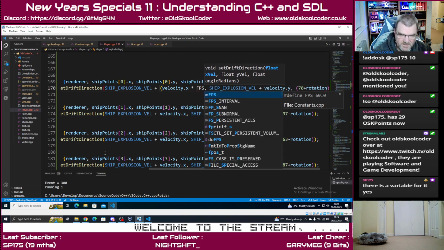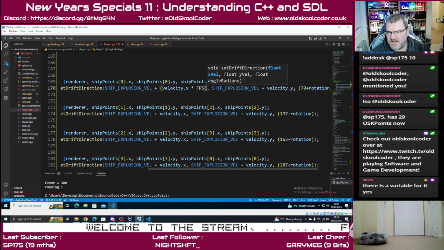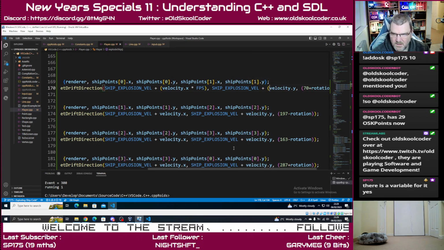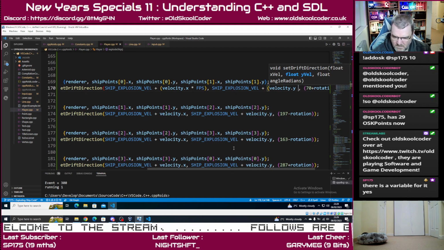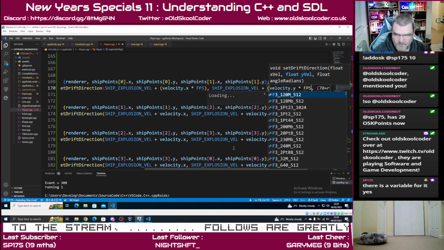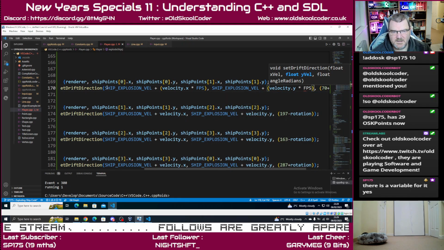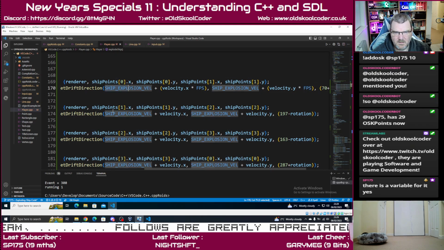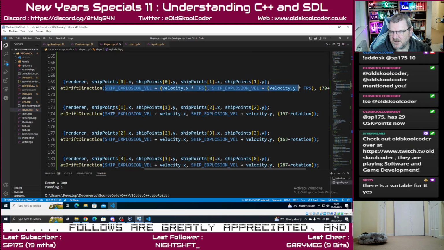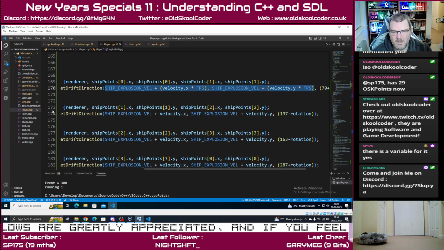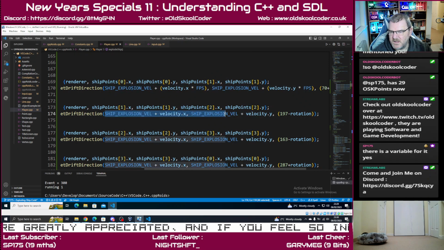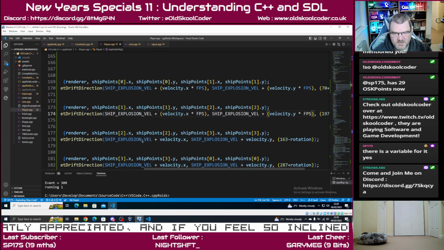So we need to try and times it by frames per second to get it to be right. Because the ship velocity, explosion velocity, is the velocity of the... So we need to multiply these velocities out.